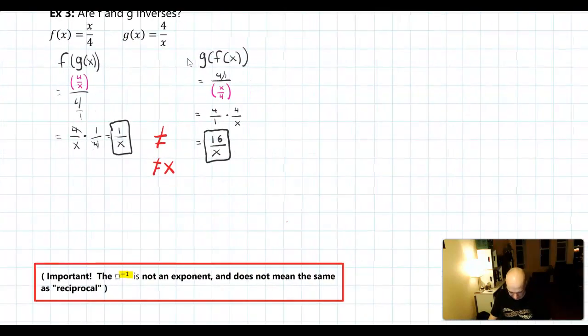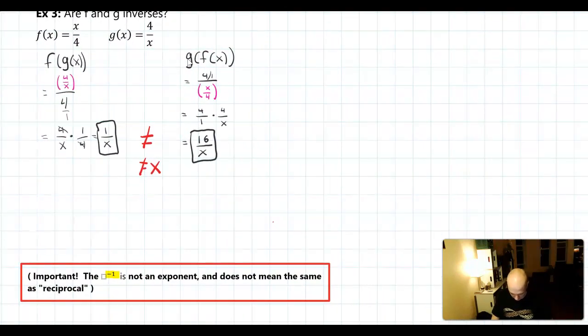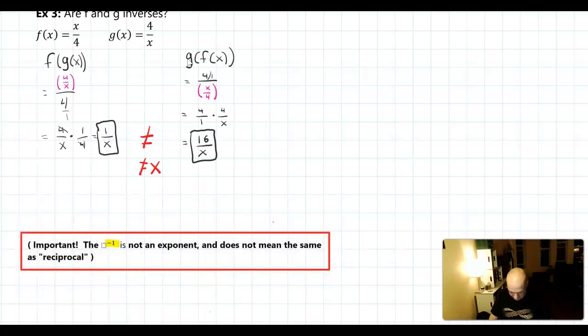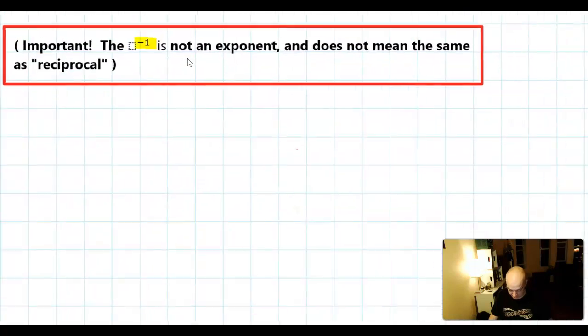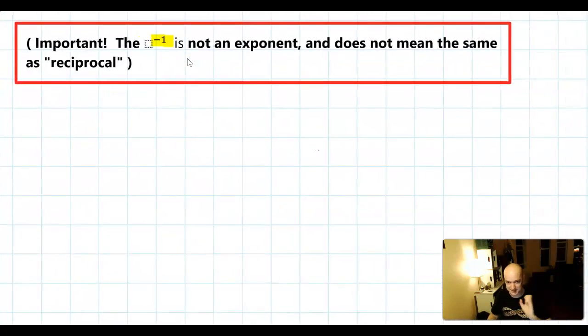I made a note of that right here. So important language note. The -1 that you see in inverse notation is not an exponent and does not mean the same thing as reciprocal. The idea of inverse is sort of broader than the idea of reciprocal. And yes, when I write 1/2 to the -1, I do mean that you take the reciprocal of that fraction and you get 2 over 1.